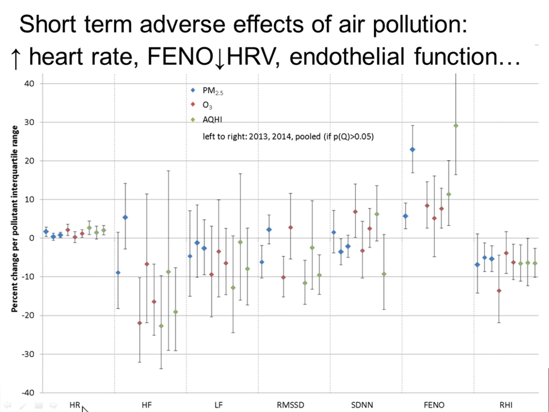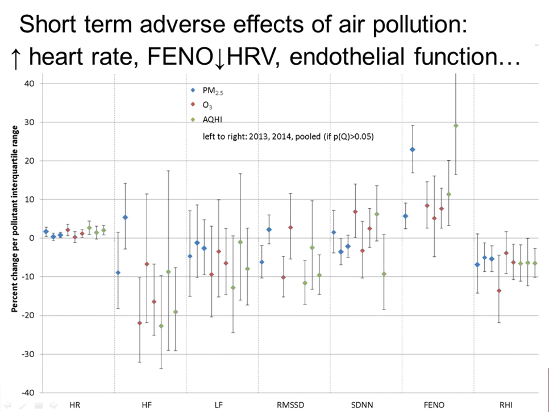So we have heart rate, and then 4 heart rate variability measures: high frequency power, low frequency power, root mean square of successive differences, and a standard deviation of normal to normal intervals. These are measures of beat to beat variability in heart rate, fraction of exhaled NO, and then reactive hyperemia index.